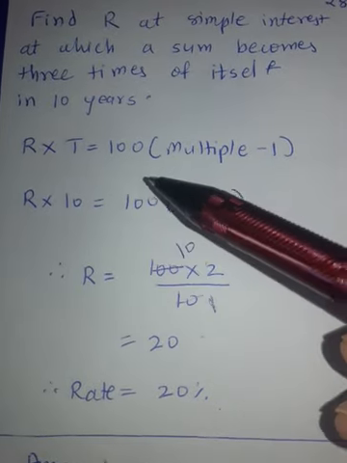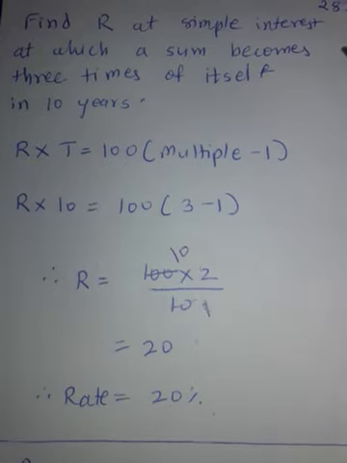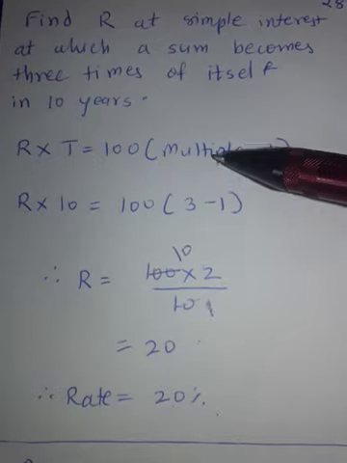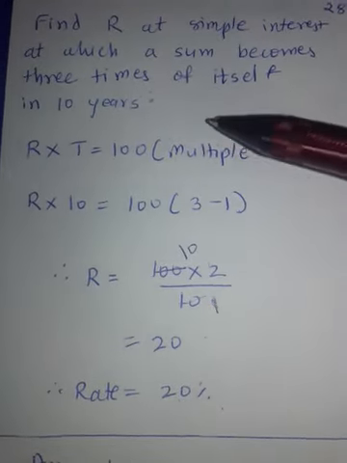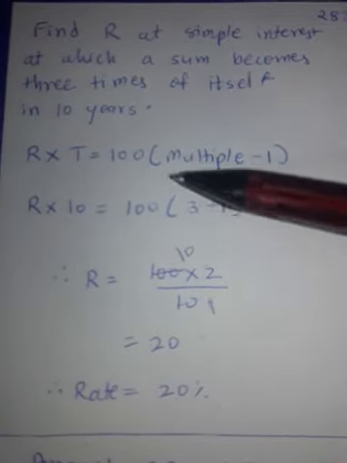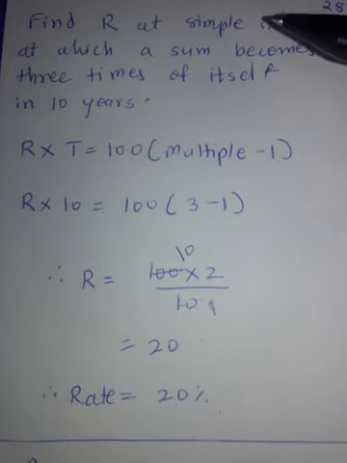RT is equal to 100 in the bracket M minus 1. So whenever you get this type of example, if you see, the numbers are so easy that you will solve it orally only, and the calculations are also very easy if you know this formula. In 5 seconds you will get this answer.